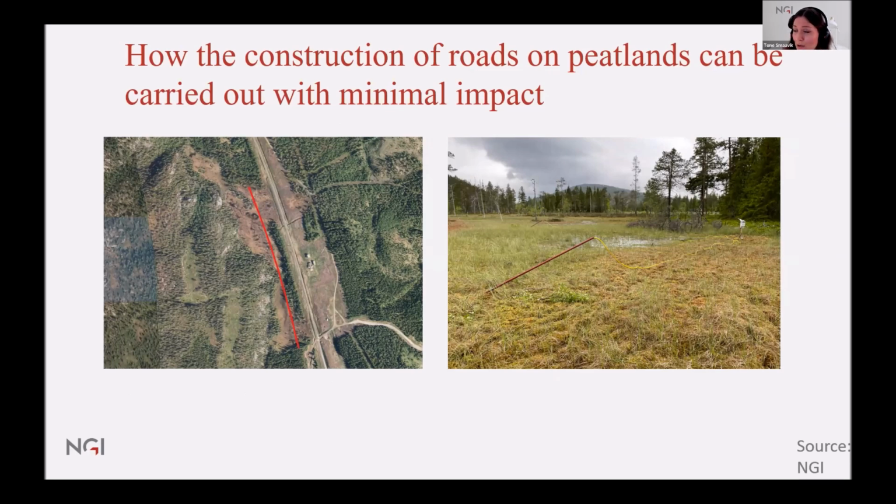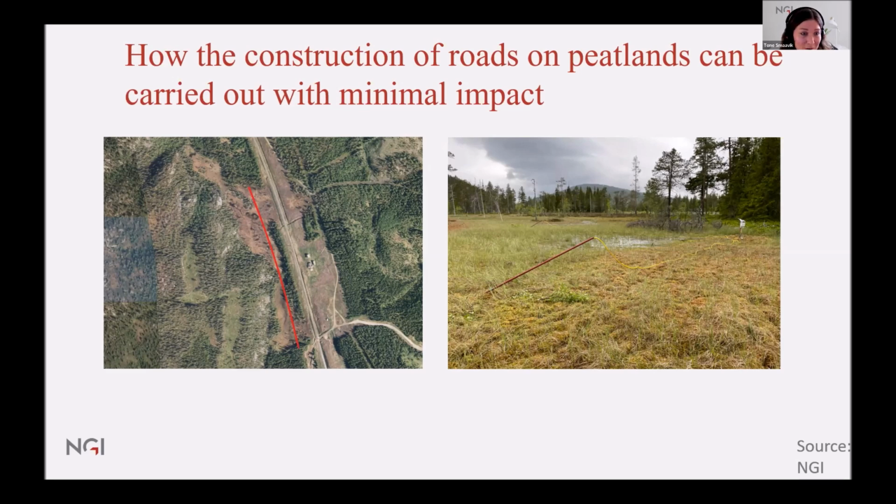And this picture on the left shows, the red line shows the stretch of the peatland that they wanted to get across, and it's about 500 meters. And on the right, you can see a picture which shows that there's actually a lot of surface water. It's a very wet area to try and build across.